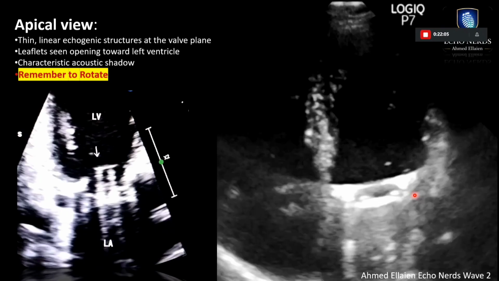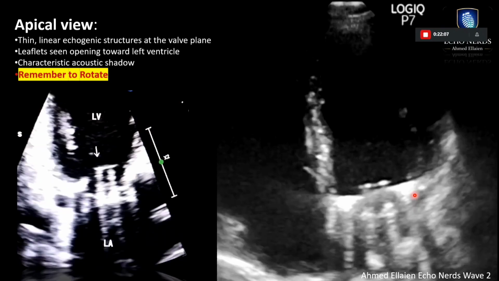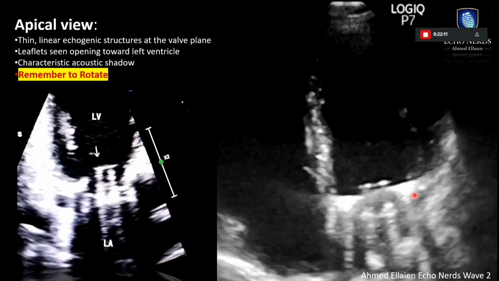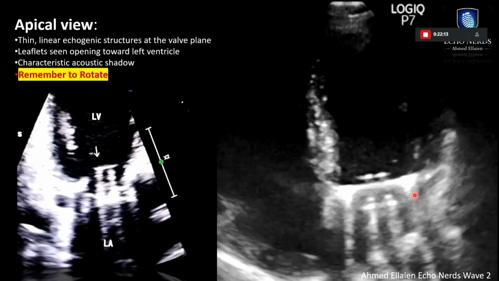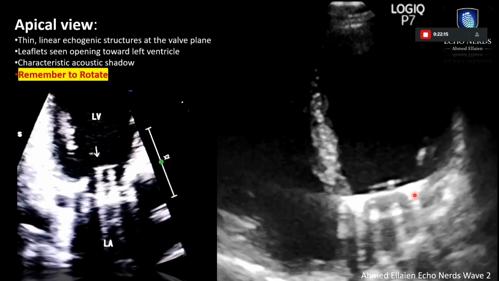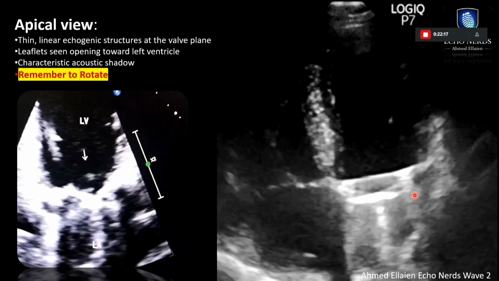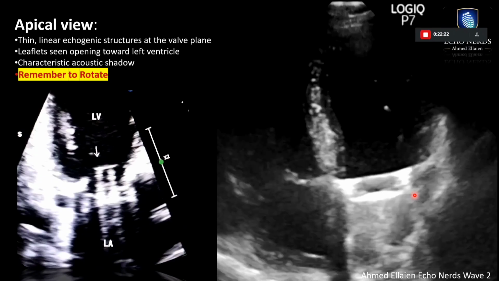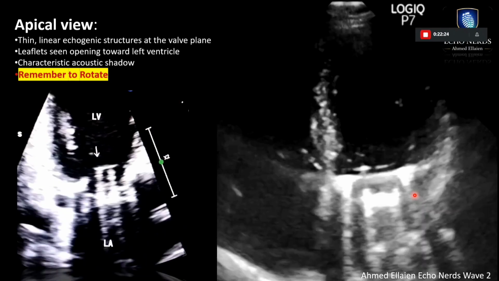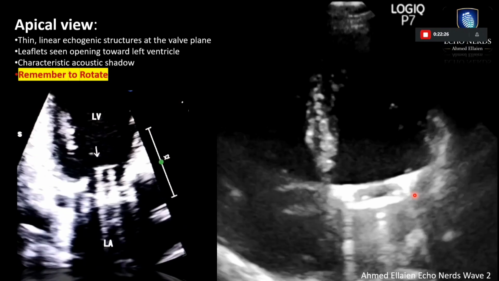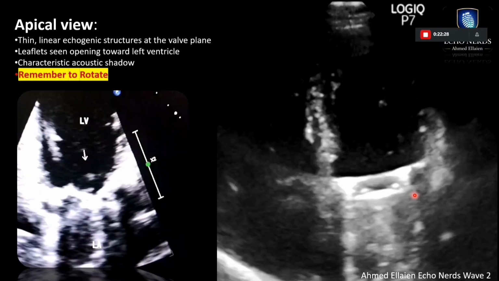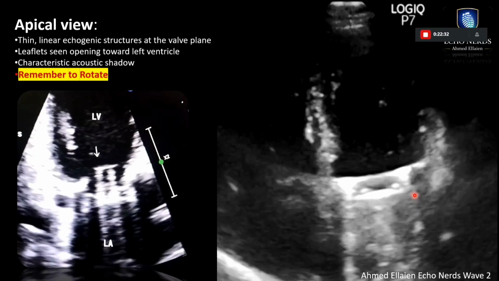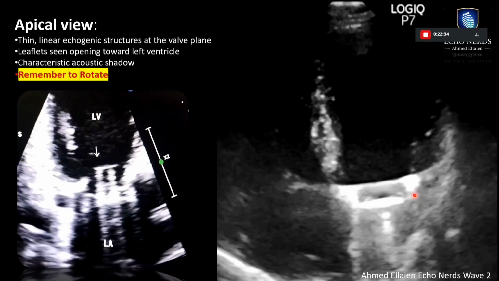To see the other leaflet, or to see the full excursion and the full range of movement of both discs, you have to move medially, or rotate from the apical 4-chamber view to the apical 2 or the apical 3, or even an intermediate angle between the 4, the 3 and the 2 views, because there is no one optimum view to appreciate both discs.